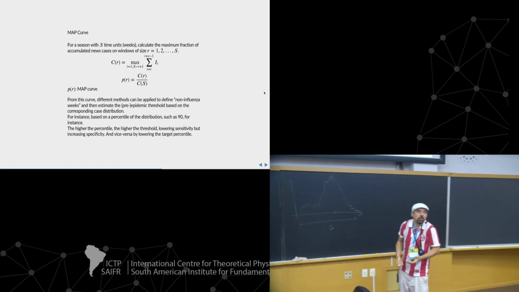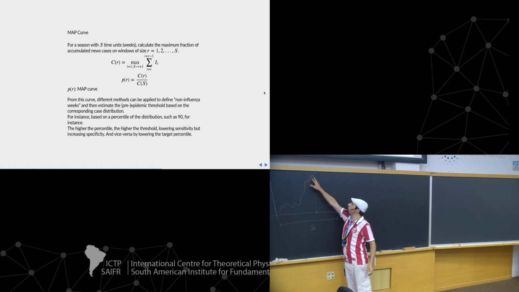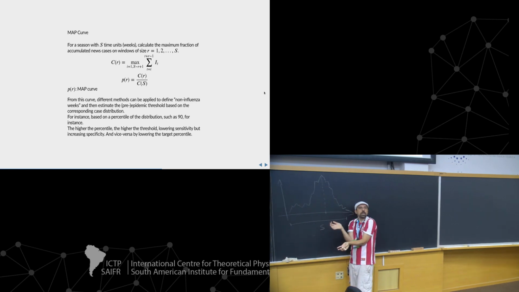Now, the value, of course, will depend not only on the amplitude, so the actual number of cases observed at the peak, but also on how the cases are distributed along the other weeks, the other observations, right?